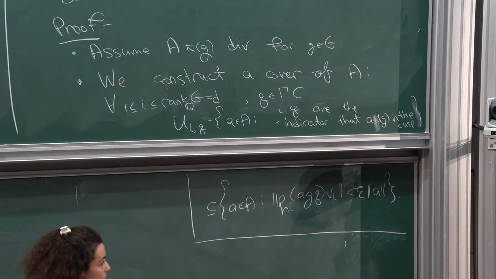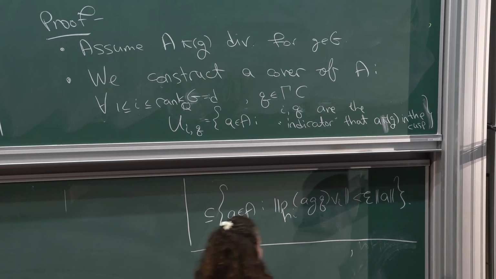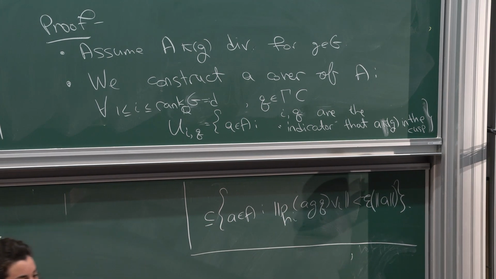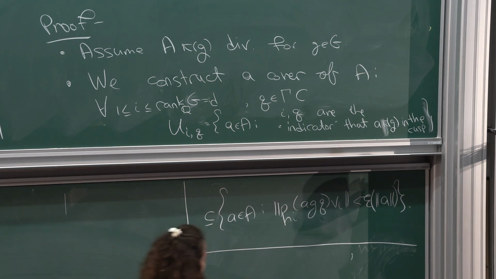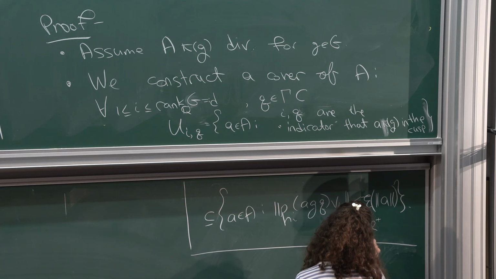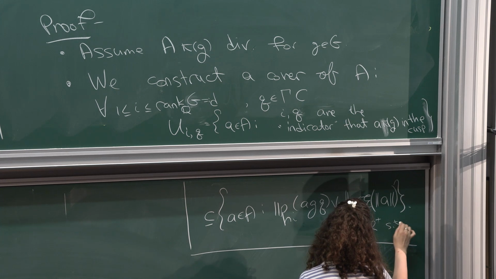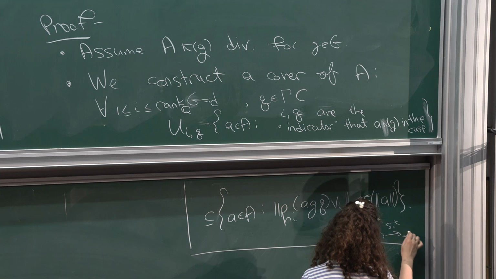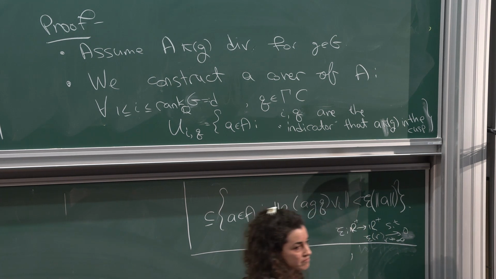Epsilon is a function of a. It could be going slowly, but I know it goes to 0. So epsilon is some function from R plus to R plus, such that epsilon of r goes to 0 as r goes to infinity.